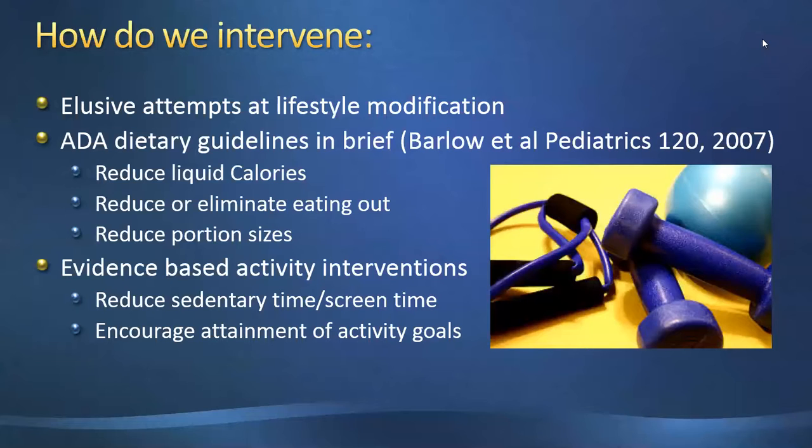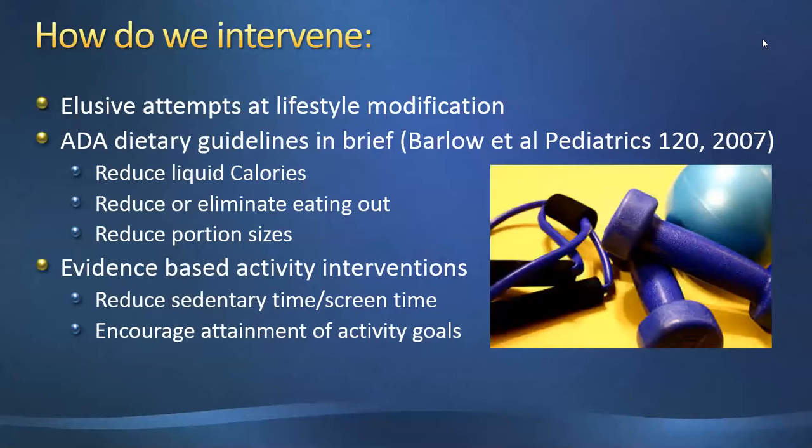So again, of course, you're going to start with your lifestyle modifications. I actually had many slides about this topic that are no longer part of this particularly short version of this presentation. But your basic goals are often ones we see from the ADA and also from the AAP. Reducing those liquid calories is always a big thing.